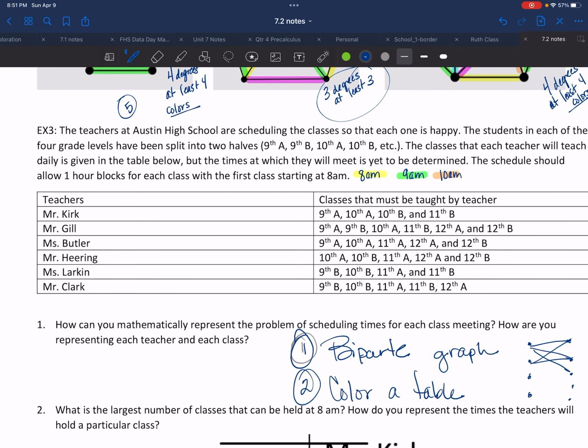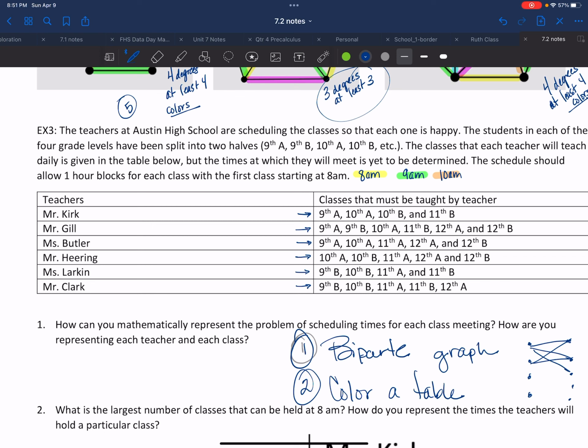Now, how do I know how many colors I have? What I'm going to do is find out how many classes are in each of these. Because remember, our highest degree is at least the minimum number of colors.